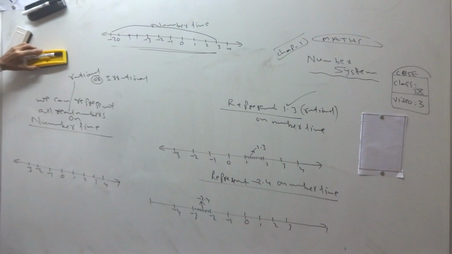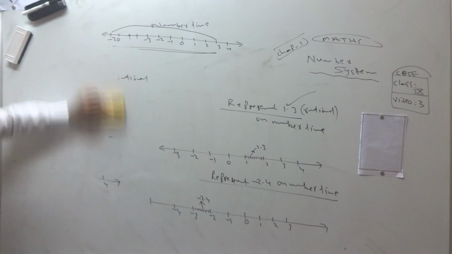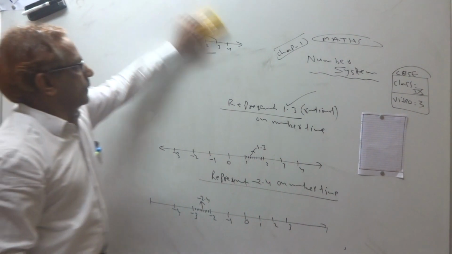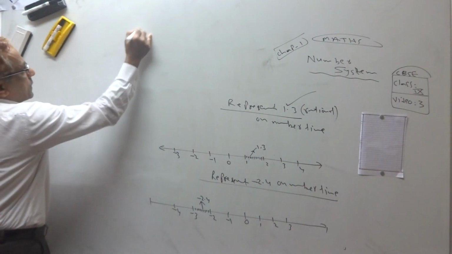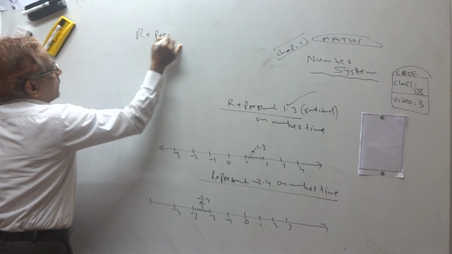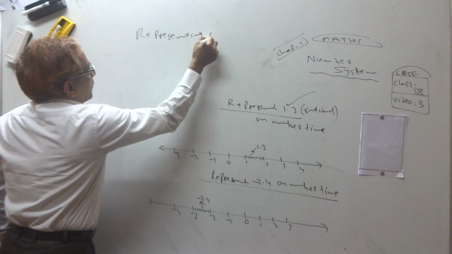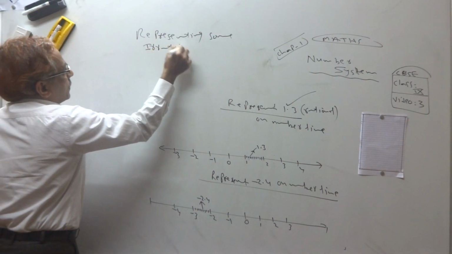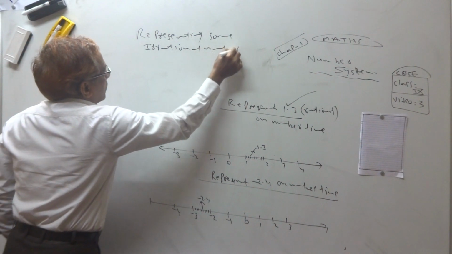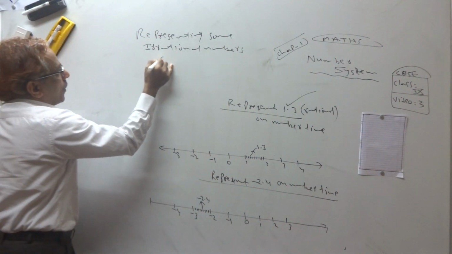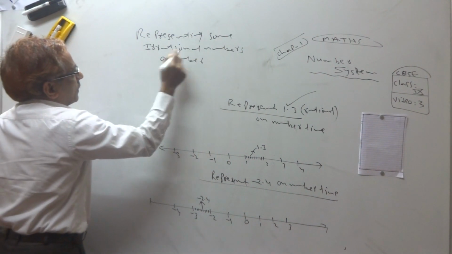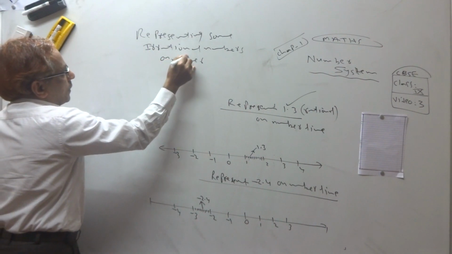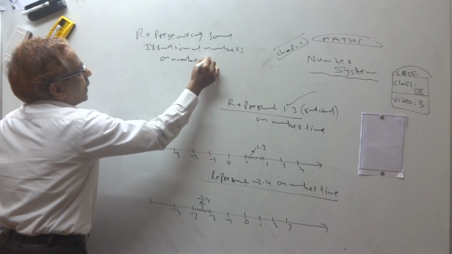Now what do we have? See please, this is the heading: representing some irrational numbers on the number line.